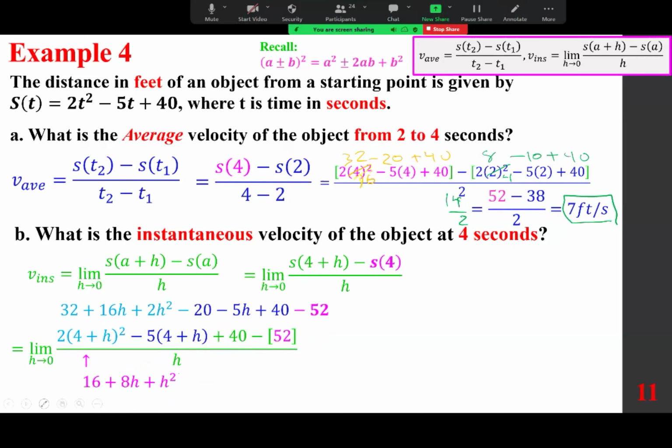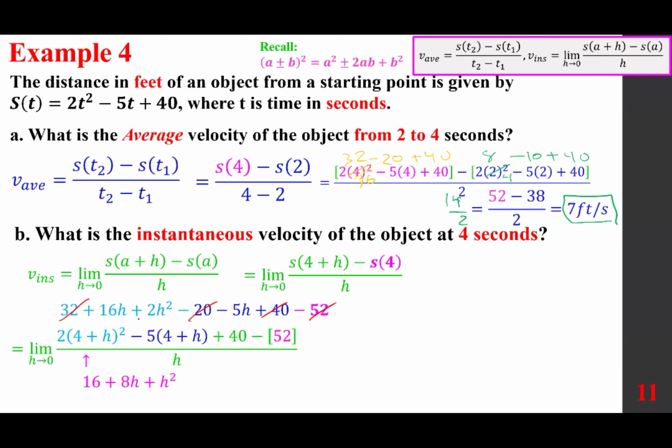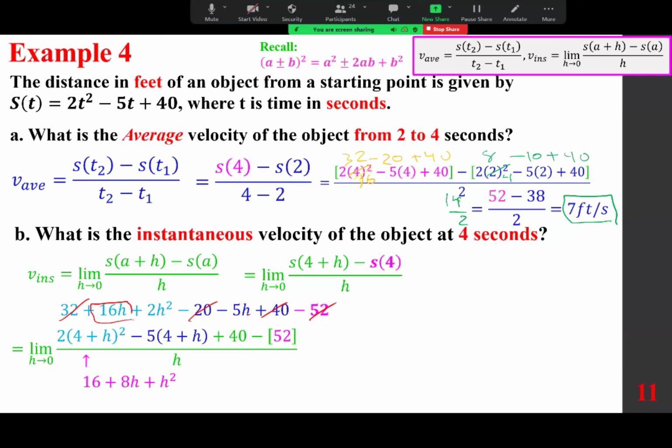So take a look at that. So we have 2h squared, and we also have 11h, because 16h minus 5h combine into 11h.